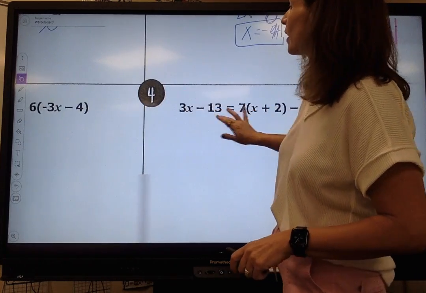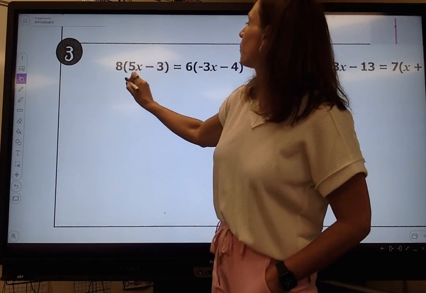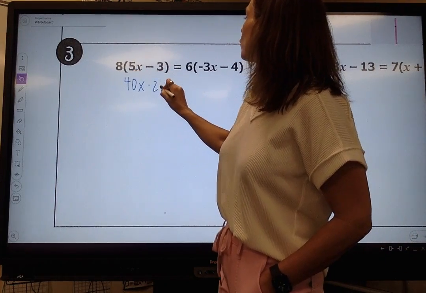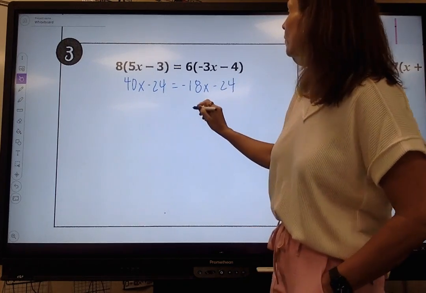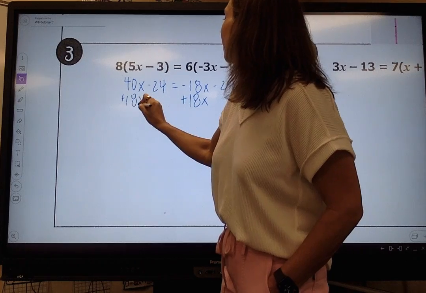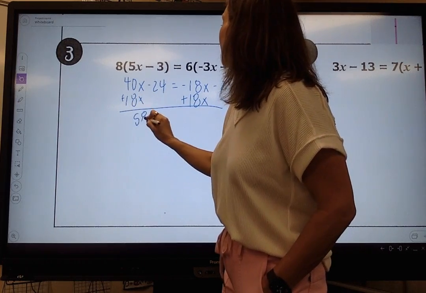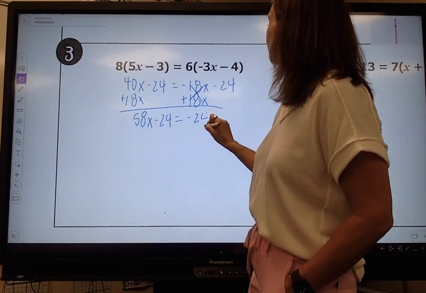Okay, let's take a look at number 3. So the distributive property, I get 40x minus 24 equals -18x minus 24. I add 18x to both sides, and I get 58x minus 24 equals -24.